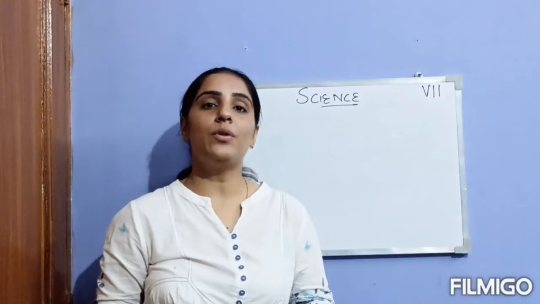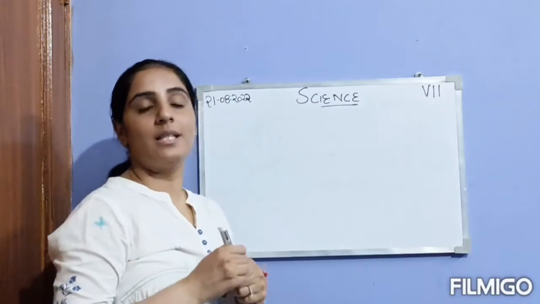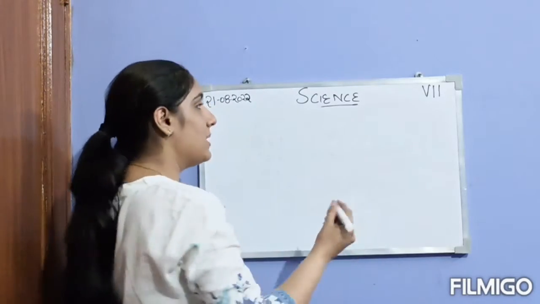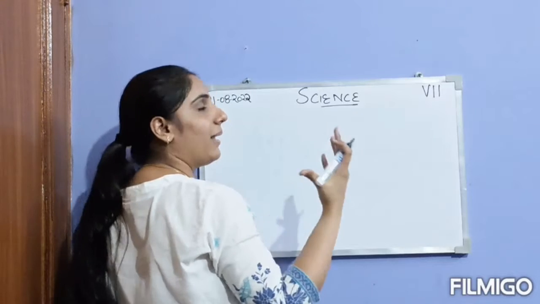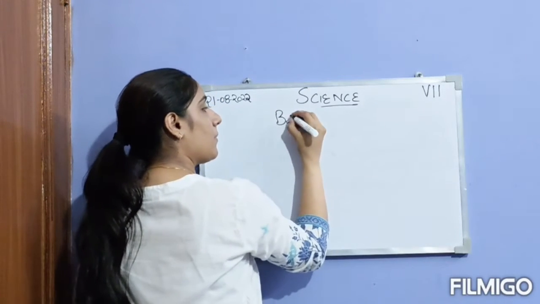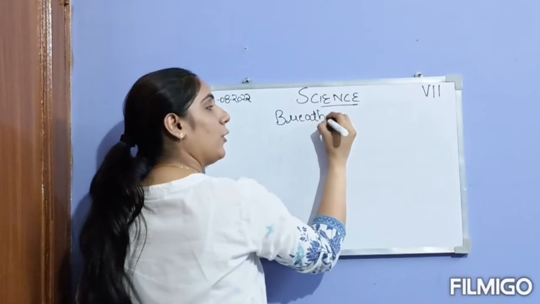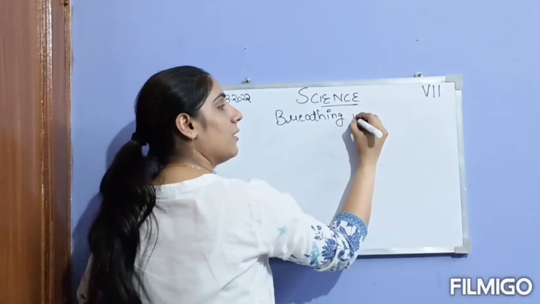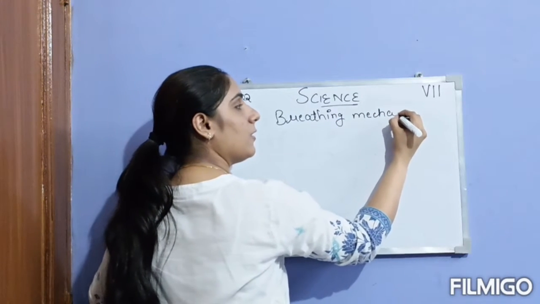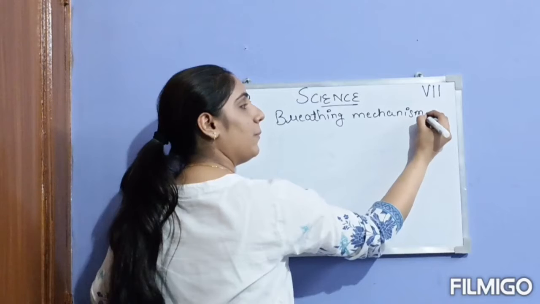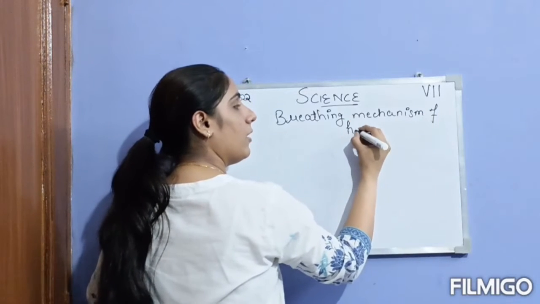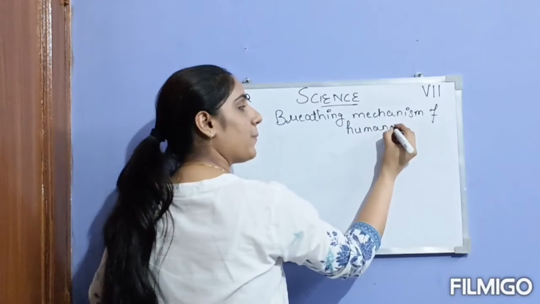So today we are going to learn about the same thing, which is the breathing mechanism of humans, done and controlled by the lungs. So our topic for today is the breathing mechanism of humans.